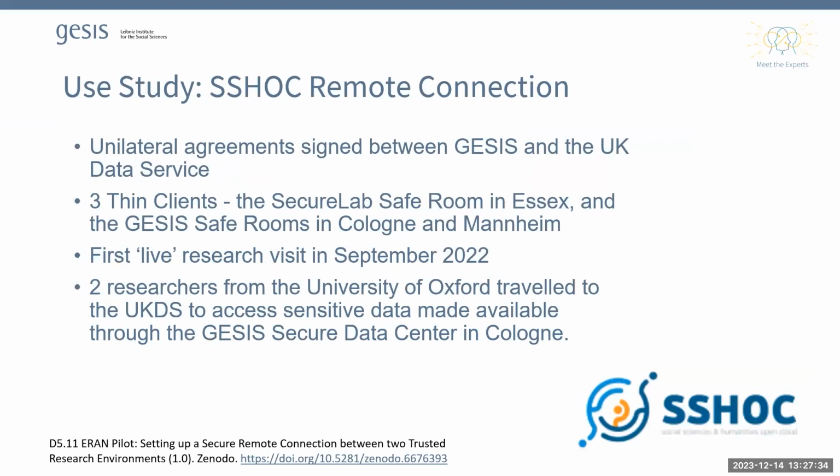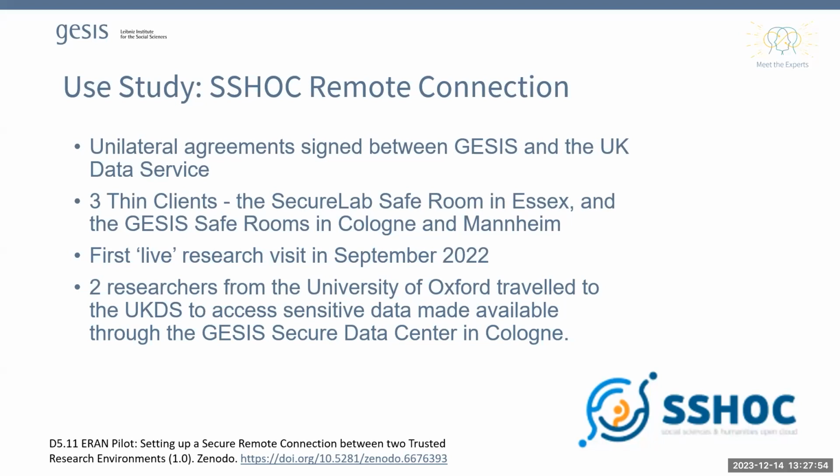And I just want to show you a case study really of the connection that we set up as part of the SHOC project. So we set up 2 unilateral agreements between GESIS and the UK Data Service, and we've set up 3 thin clients.